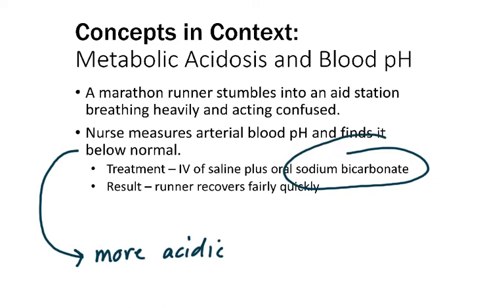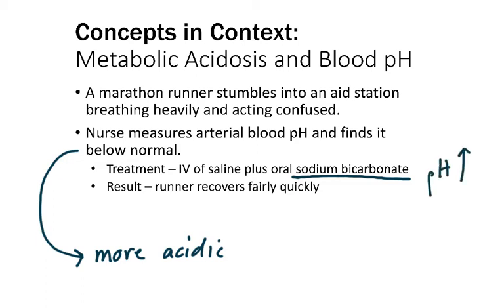And the result is the runner recovers fairly quickly. Right? So the sodium bicarbonate somehow brought the pH back up to a normal range. And that is kind of motivating the rest of this section. We're going to come back to the actual equation at the end.